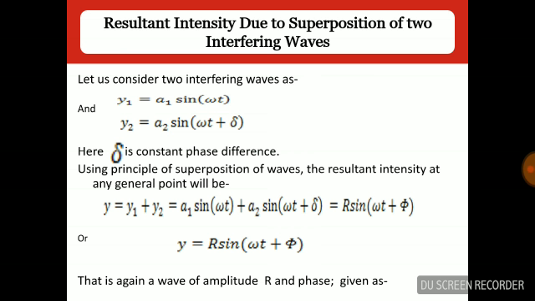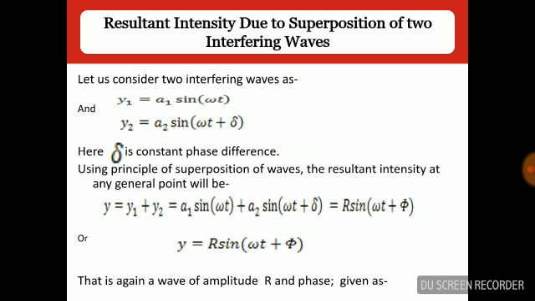Resultant intensity due to superposition of two interfering waves. The waves which are responsible for creating the interference are known as interfering waves. Let us consider two interfering waves as y1 equal to a1 sin omega t and y2 equal to a2 sin(omega t plus delta). Here delta is the constant phase difference.